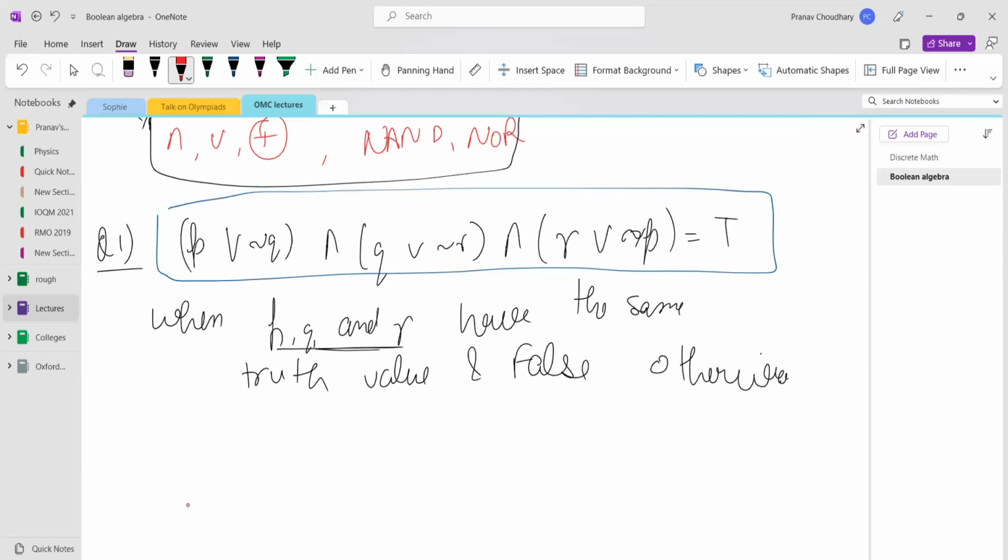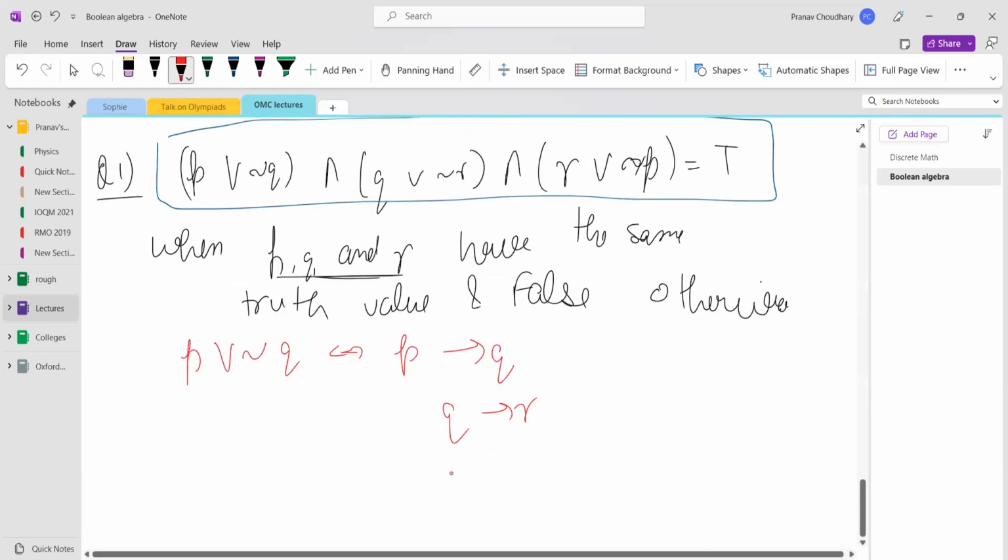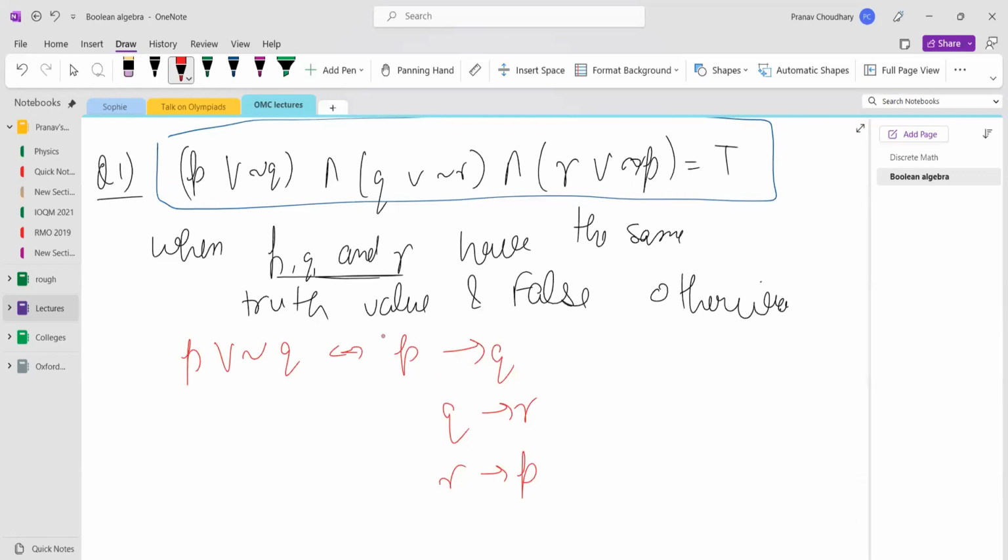P or not Q, but the thing with my proof is this involves the Frege formula. P or not Q is equivalent to P implies Q. If we use that, it's very easy, because then you get P implies Q, Q implies R, and R implies P are all true. The only way for that to happen is for the entire cycle to have the same truth value.